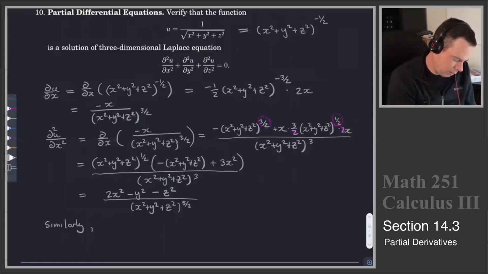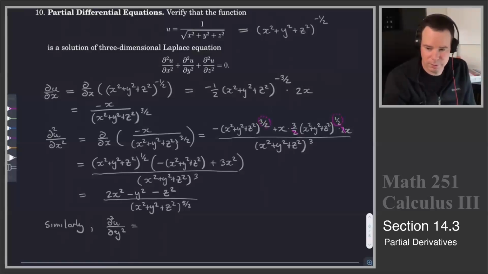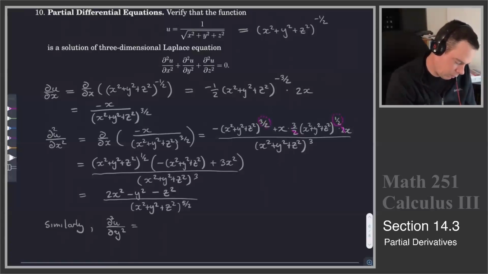We can just note that similarly, I've got to make sure that it's the square on the d in the top, and then it's the y on the bottom, because that's what's being differentiated with respect to twice. So this is going to be the same expression, except the roles of the x and the y have been reversed. So this would be a negative x squared plus a 2y squared minus a z squared all over x squared plus y squared plus z squared to the 5/2.